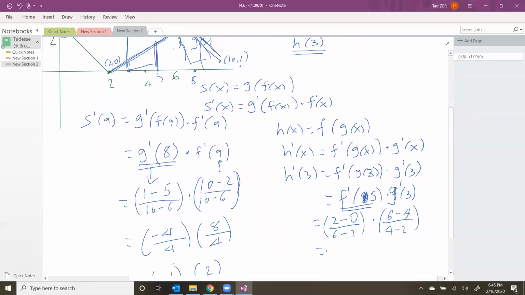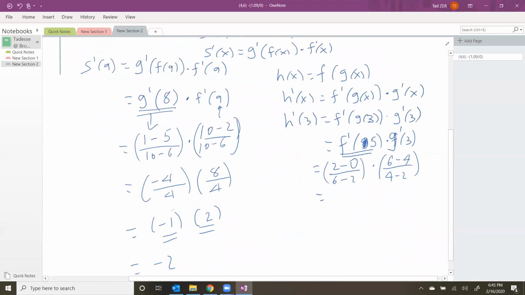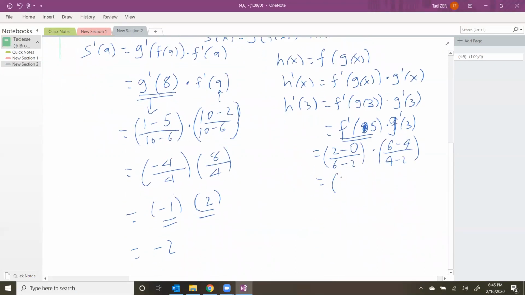If you simplify that, it will give you 2 divided by 4 times 2 divided by 2. So the slope of F at 5 will be a half, and the other will be 1. So the answer is 1/2. That's how you find derivatives of a composite function if you are given the pieces that form the composition.